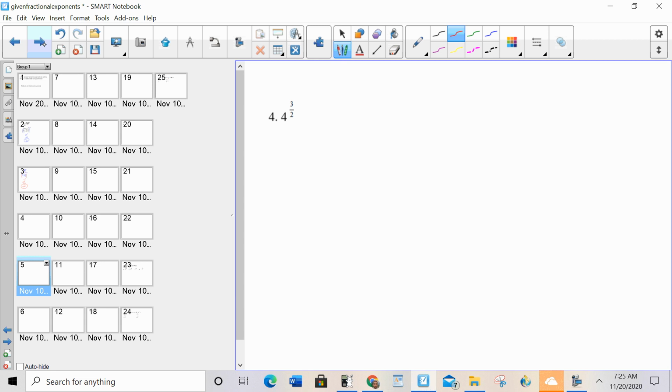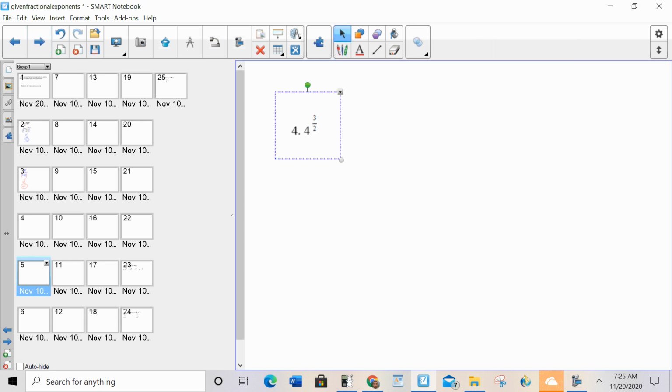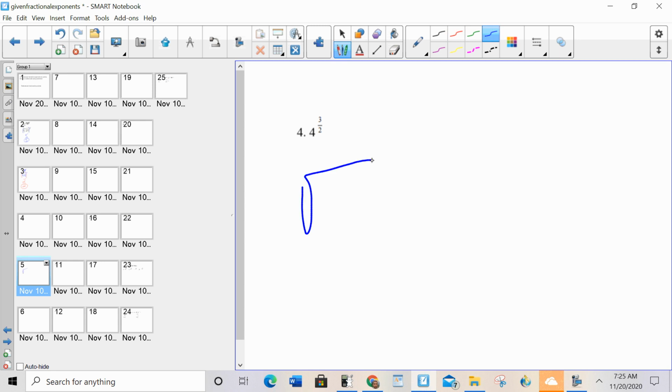Let's skip ahead a little bit. Let's take a look at number 4. I see a fractional exponent. Radicals are fractional exponents. It's always the power over the root. So the power is 3 and the root is 2.